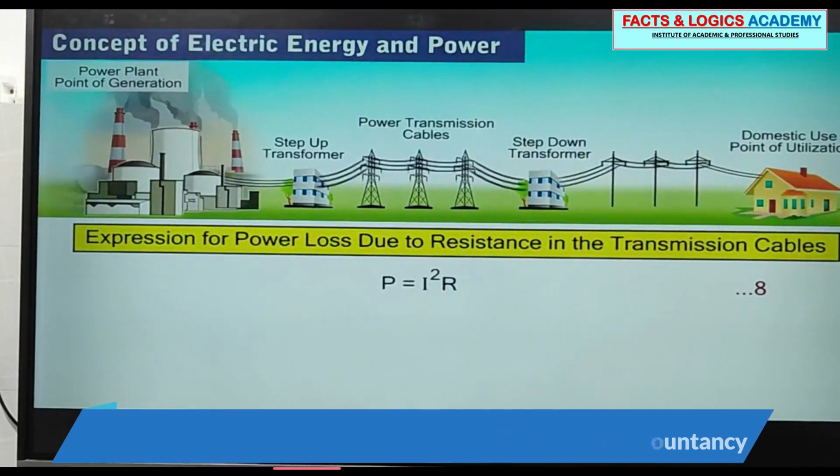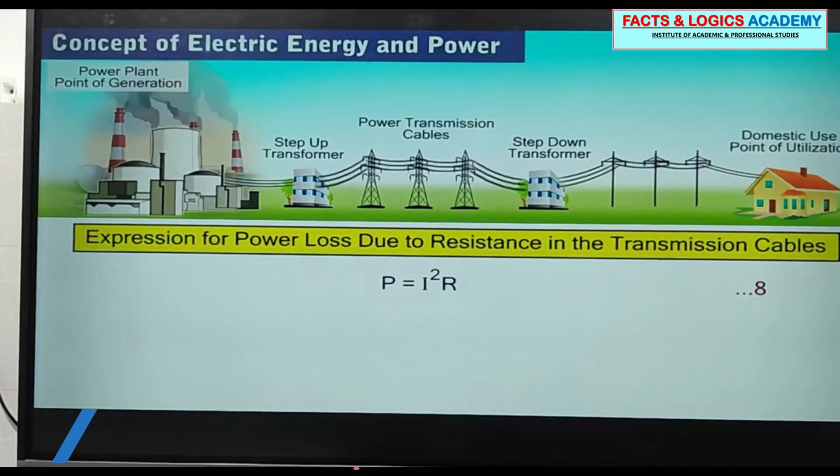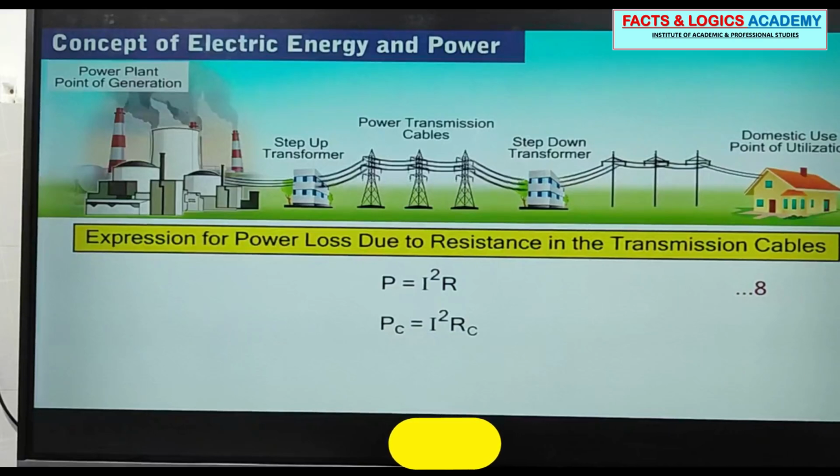Using equation 8, that is, P is equal to I square R, we can derive an expression to calculate the power loss due to resistance in the cables. Power loss in the cable Pc is due to its resistance Rc, which is expressed as Pc is equal to I square Rc.